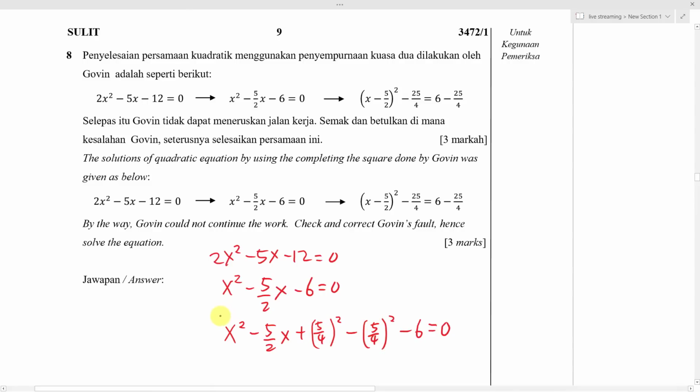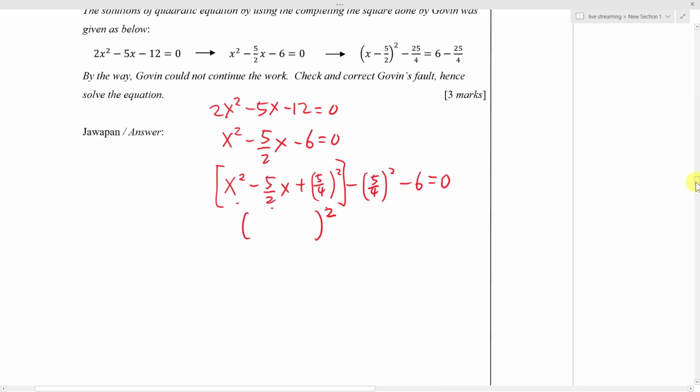Then the next thing is I will combine the first 3 terms to become something in a bracket squared. When I combine the first 3 terms over here, you can only see 2 terms with the square, which are the first term and third term.